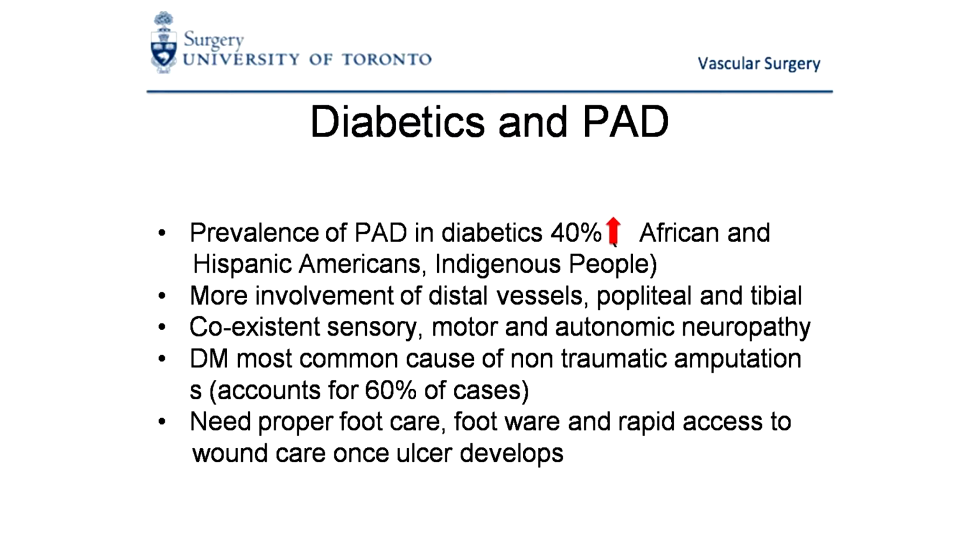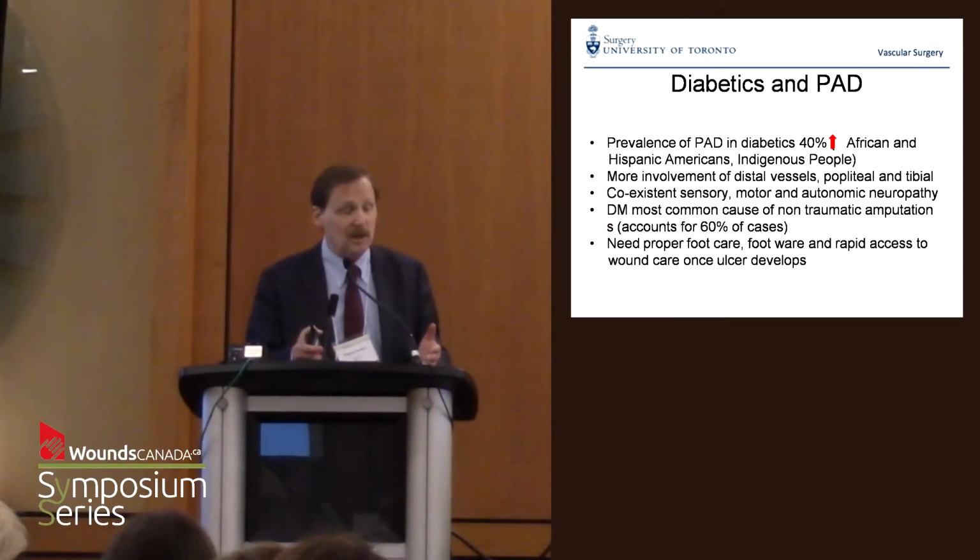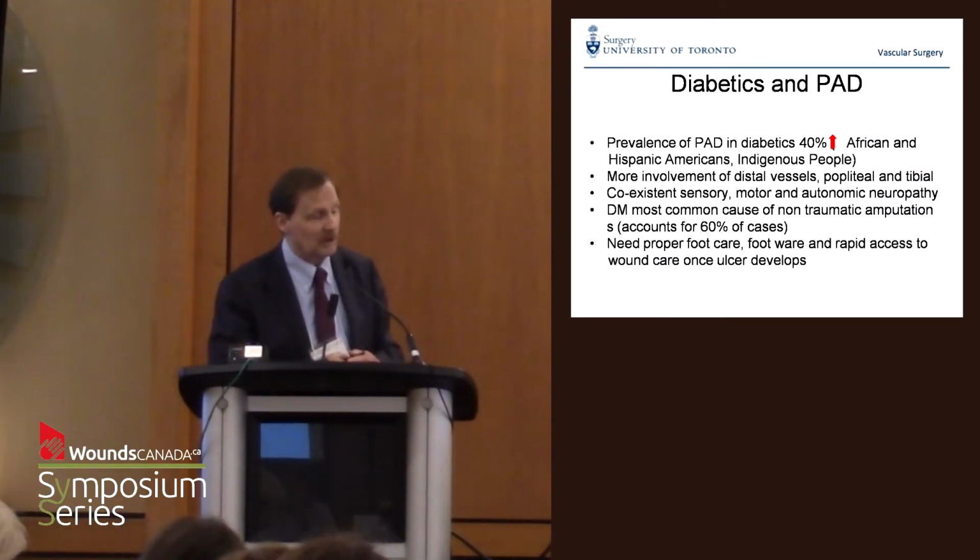In patients with diabetes, they tend to get more small vessel disease. They get more tibial disease, more disease in their plantar arch, more disease in their popliteals. And so that actually makes revascularization sometimes a little more challenging, because you're dealing with the smallest blood vessels in those patients. Now, diabetes, of course, is the most common cause of non-traumatic amputations in America as well as in Canada.